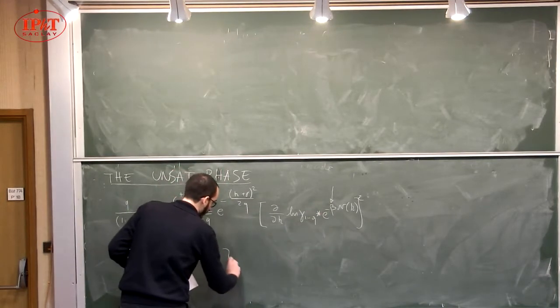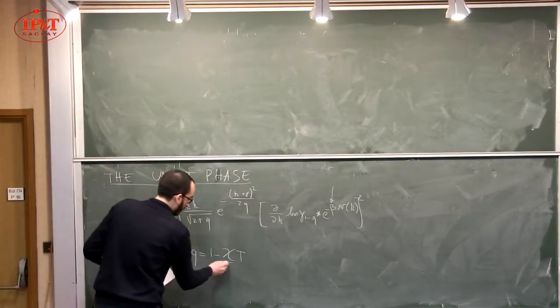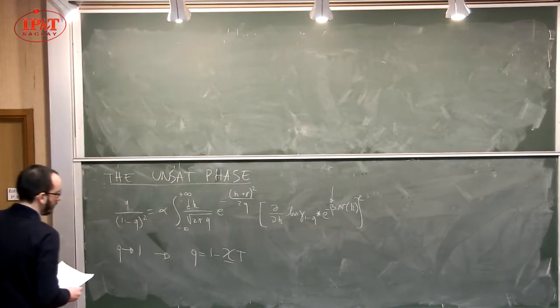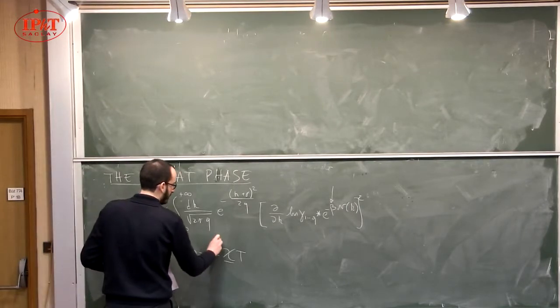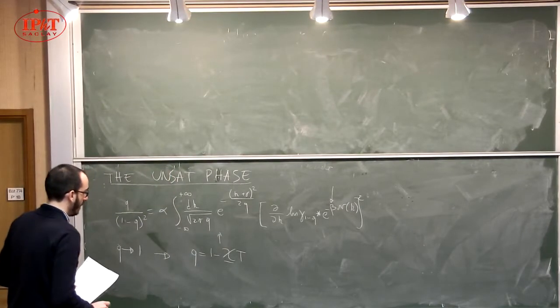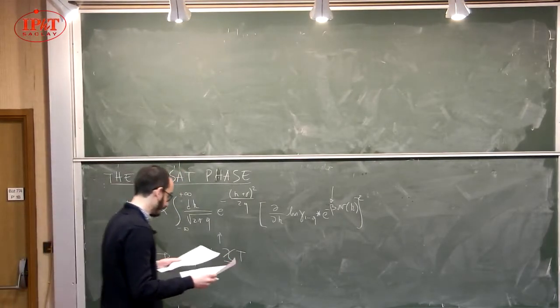So in this case, what we can do is to say that q in the 0 temperature limit is 1 minus a function times T, a constant, okay? And so we can plug this ansatz inside this equation, and we can get an equation for this constant here.